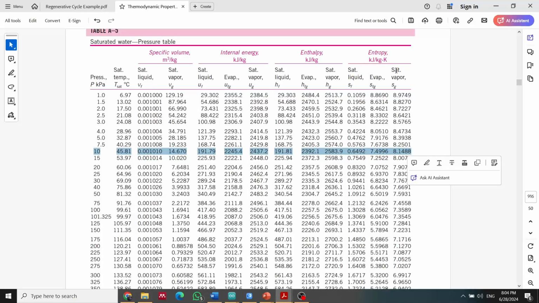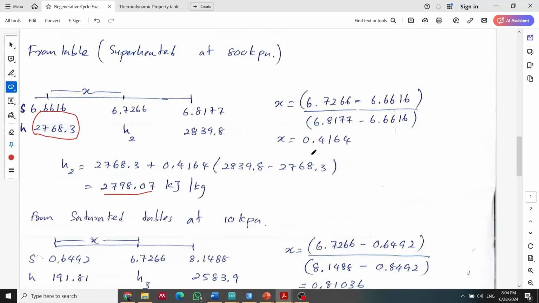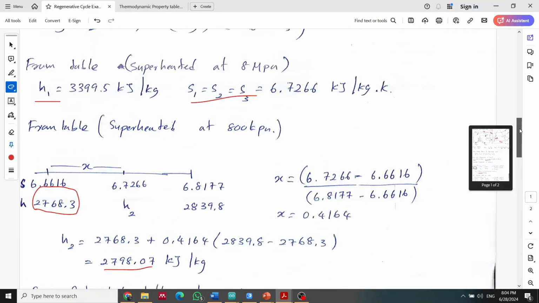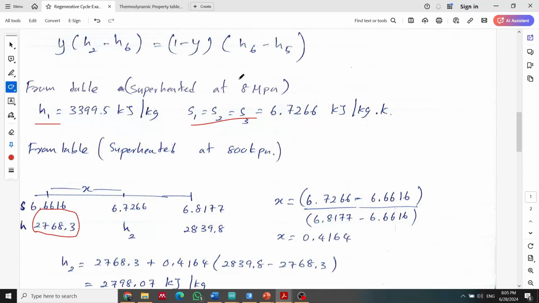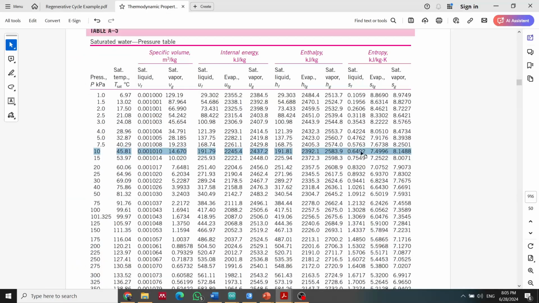You can see SG is 8.14 and SF is 0.64. Our S value of interest is 6.72, which is surely in between. So this is the lower bound, this is the upper bound. Therefore we can say it is in the mixture, saturated region.